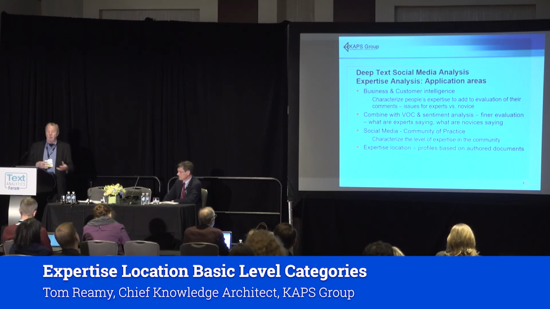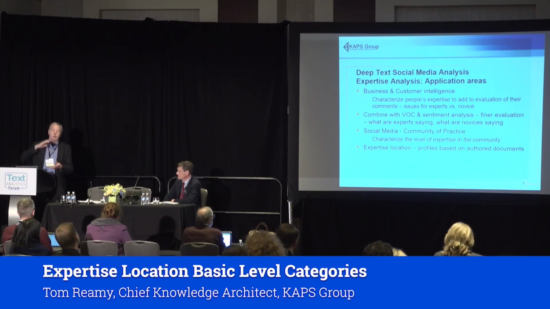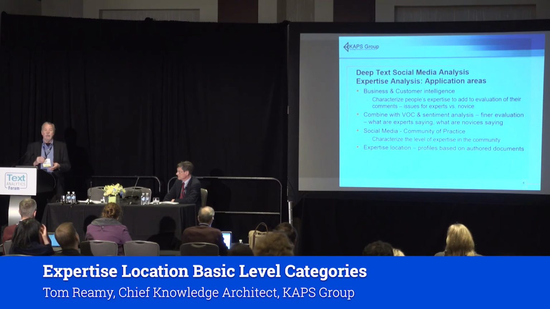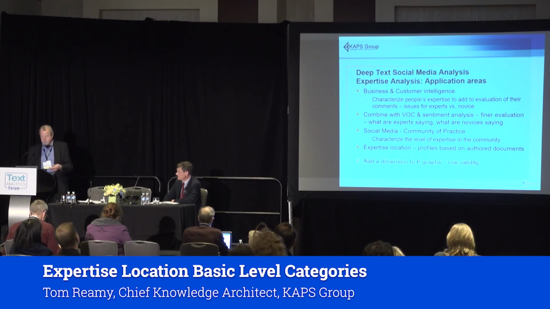Are they really under-evaluating? So instead of that, you simply look at the documents that they've authored and create an expertise profile and an expertise characterization level for those people in the organization. It's actually easier to do. It gets rid of a lot of the issues you have with self-authored ones.